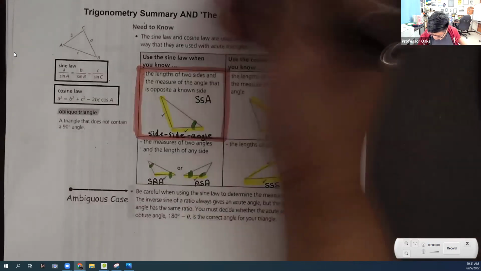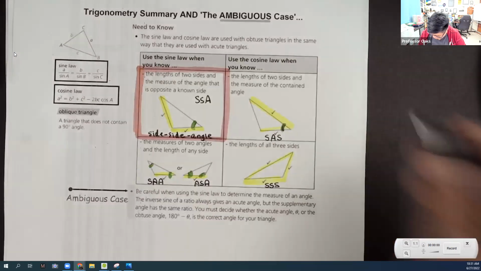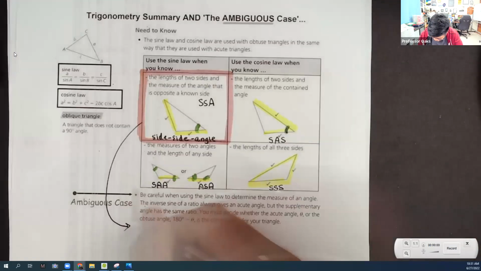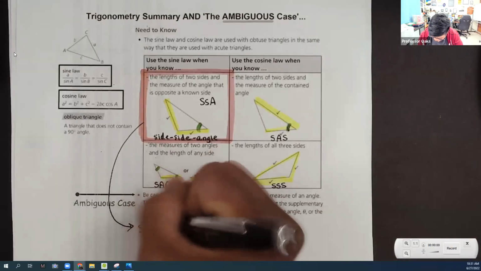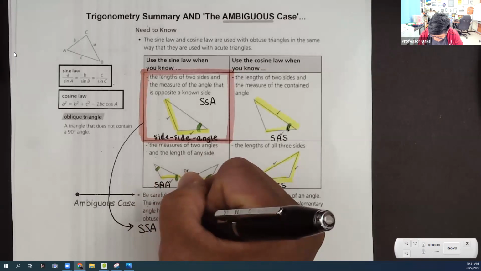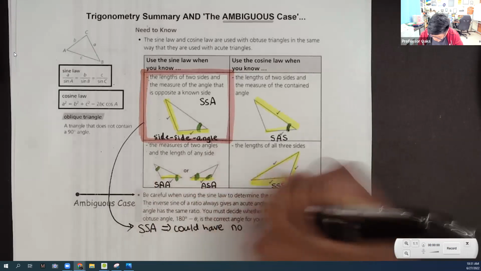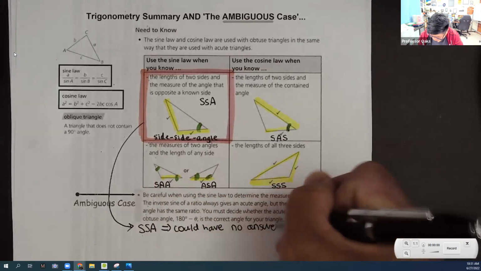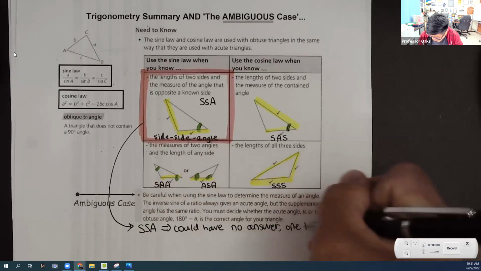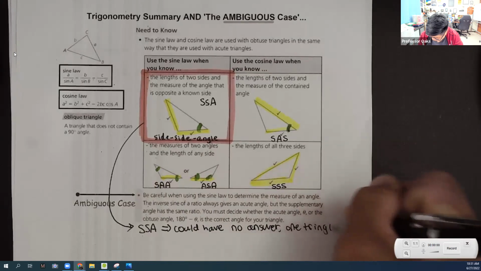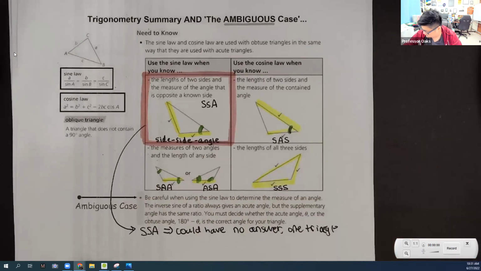This is the case where, side, side, angle, you could have no triangle, one triangle, or two triangles.